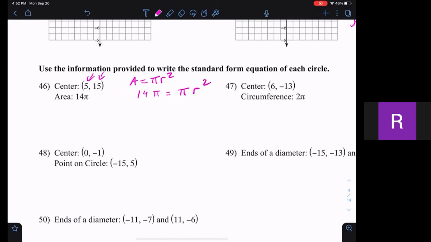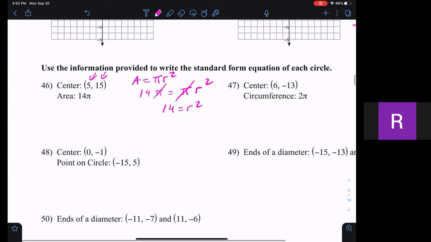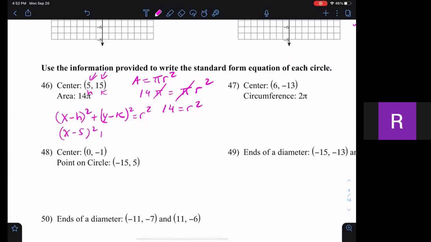I need the r squared, right? So 14 equals r squared. So that means that this is (h, k), right? (x minus h) squared plus (y minus k) squared equals r squared. Remember that this is the h and this is the k. So this is (x minus 5) to the second plus (y minus 15) to the second equals 14. And that's the answer.